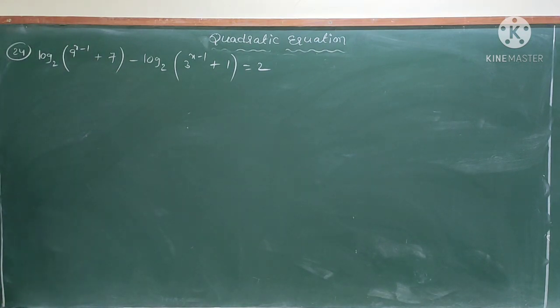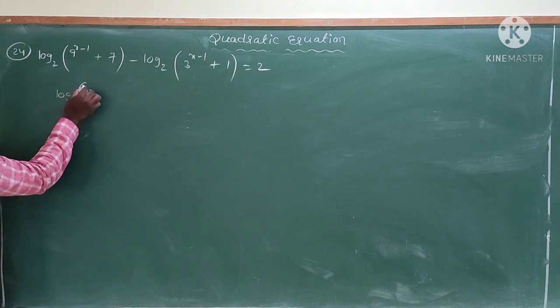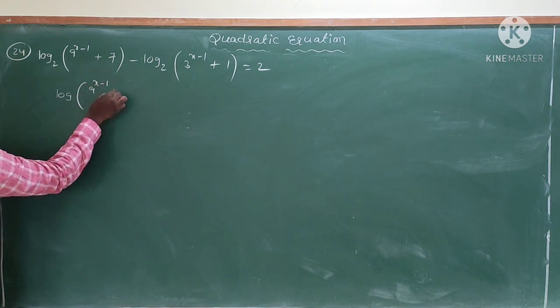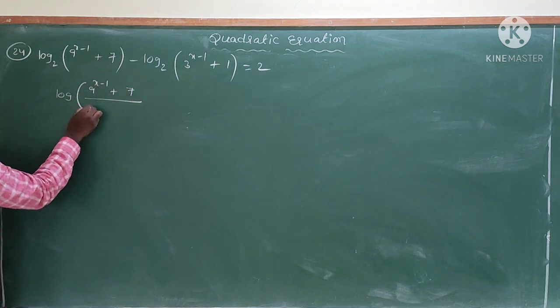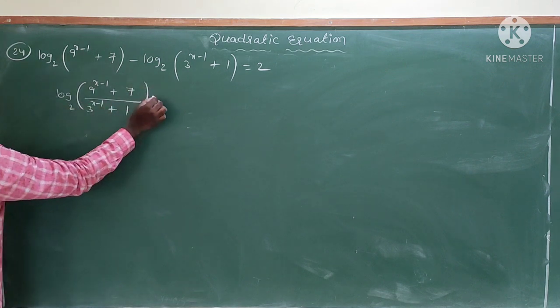Okay. Now it is in the form of log a minus log b. Log a minus log b can be written as log of a by b, that is 9 power x minus 1 plus 7 by 3 power x minus 1 plus 1, base 2, is equal to 2.